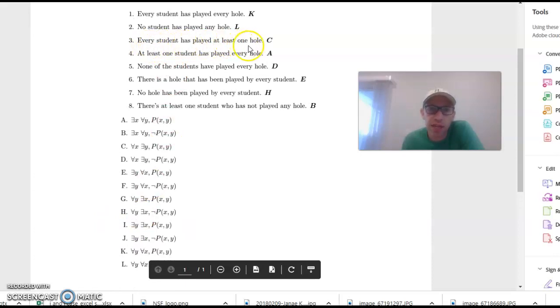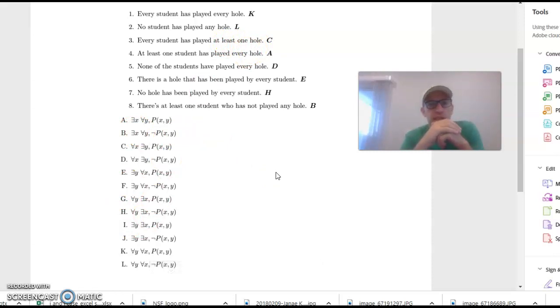Every student has played at least one hole. So here's where rearranging the words is going to help us a lot. It's going to make it a lot easier. Every student has played at least one hole. So for every student you find, there exists at least one hole that the student has played.